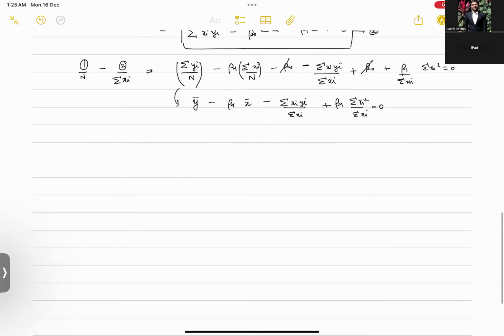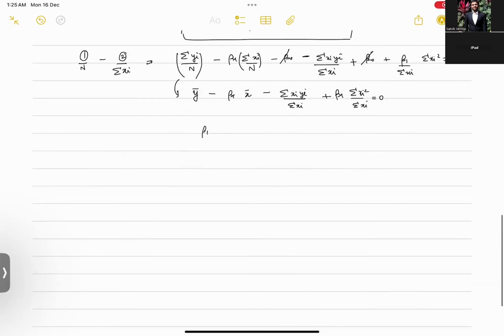And from here, we'll get beta 1 equals to y bar minus summation xi yi by summation xi, whole upon x bar minus summation xi square by summation xi.